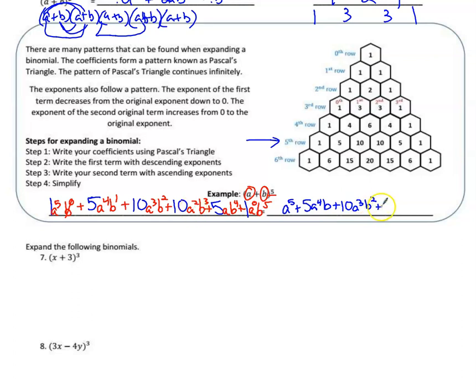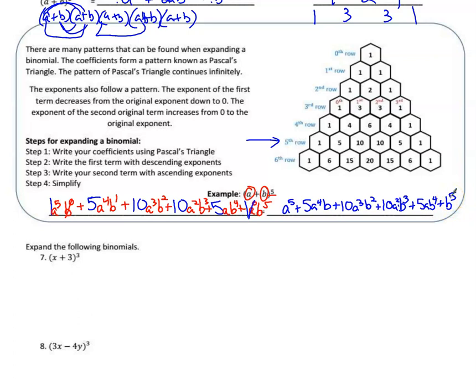And now we have a positive 10 a squared b cubed. And then we have positive 5ab to the fourth. And then the last term, you don't have to put an a to the 0 power, and you don't have to put a 1, so it's just plus b to the fifth.